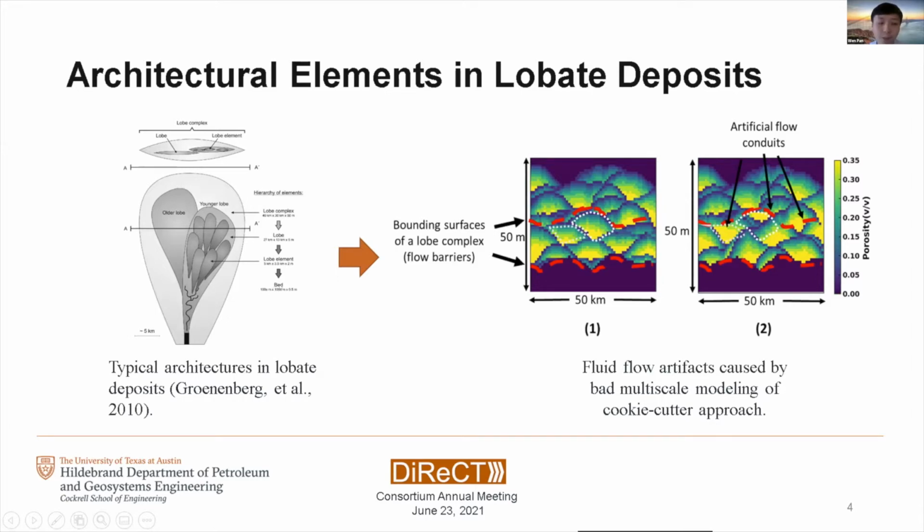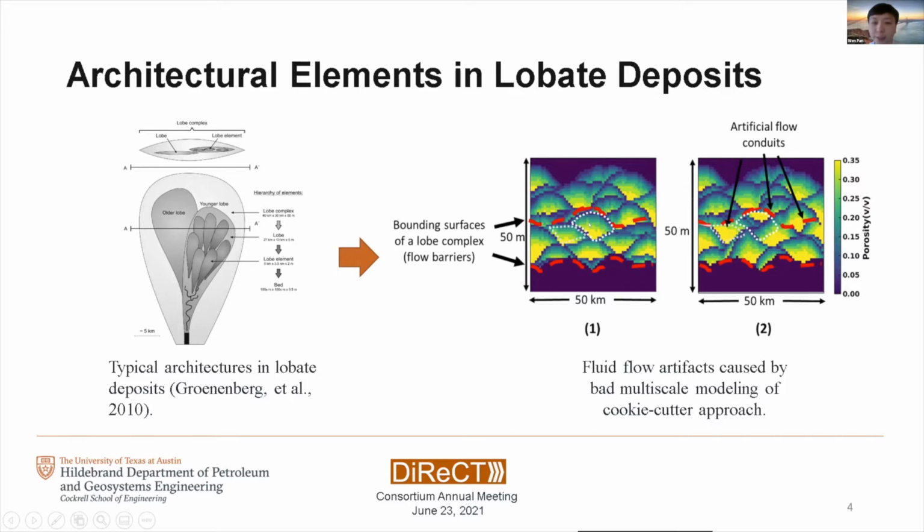units. So in order to capture those different hierarchies, and also honor the geophysical interpretations, we have to develop a method to honor both the depositional hierarchies and the geophysical interpretation. But the current methods, such as the cookie cutter methods, often fail to capture the geophysical or petrophysical interpretation, especially at the boundaries.